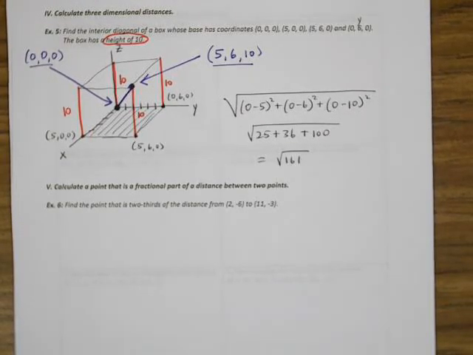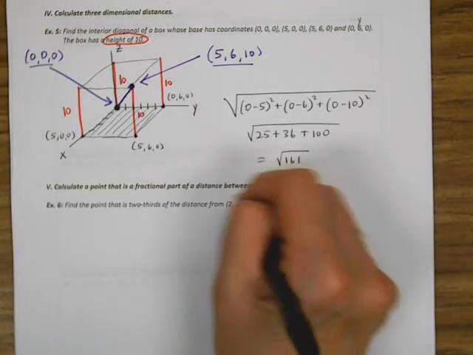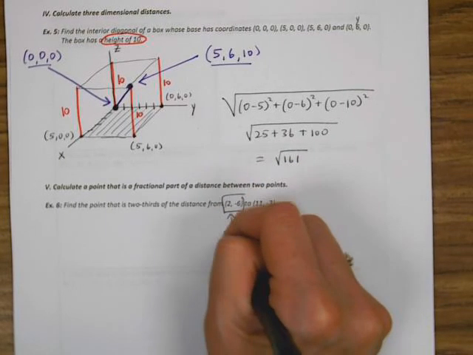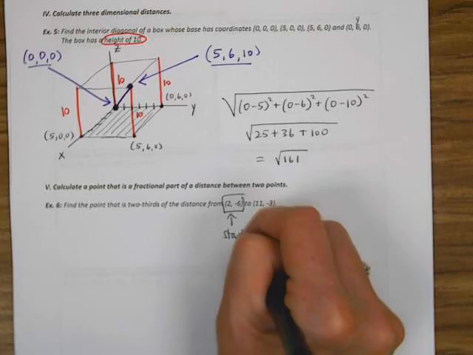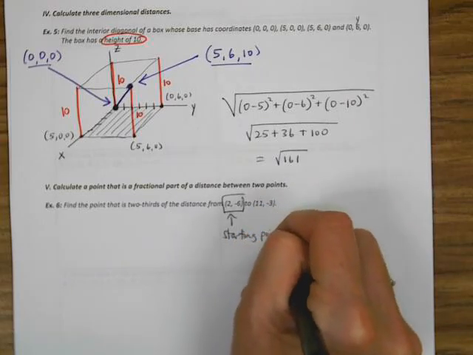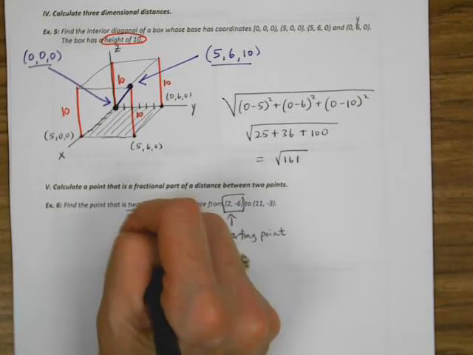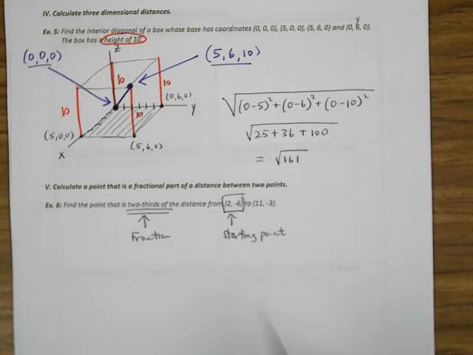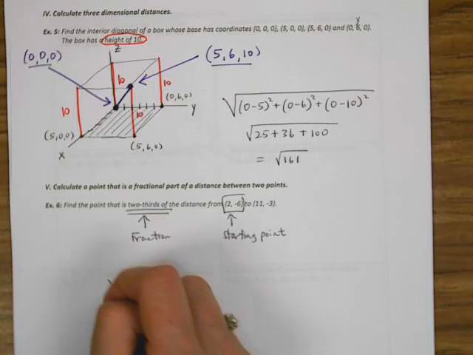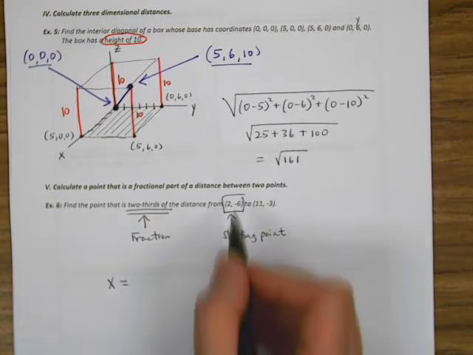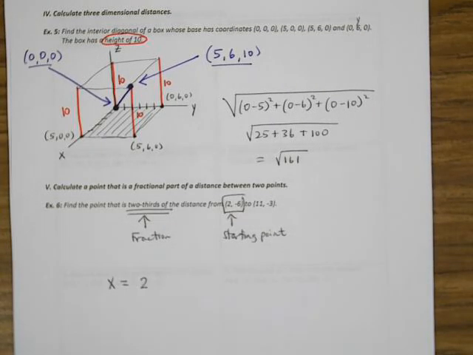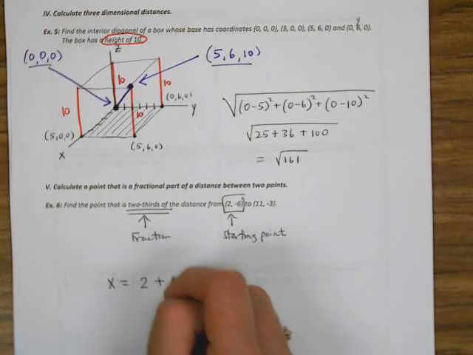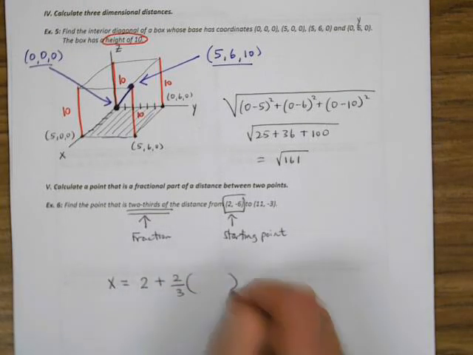Find the point that is 2/3 of the distance from 2, -6 to 11, -3. So this is my starting point. And 2/3 of the distance, there is my fraction. Okay. So to get my x coordinate, I'm going to pick the starting x value 2, and I'm going to add on a fraction of the x distance.